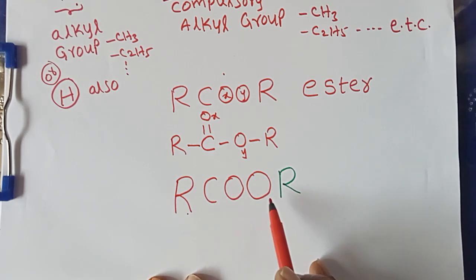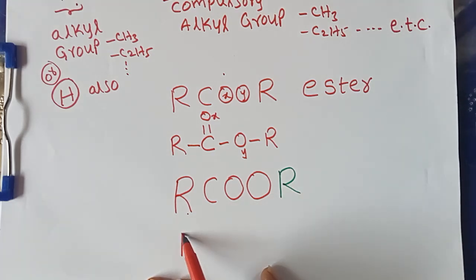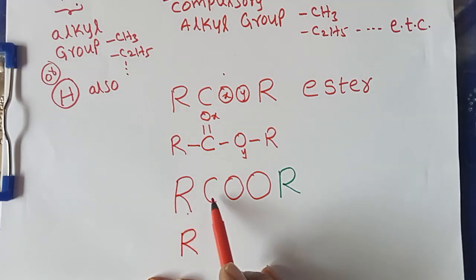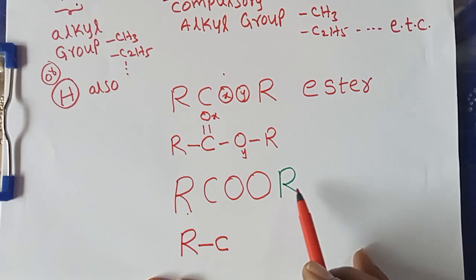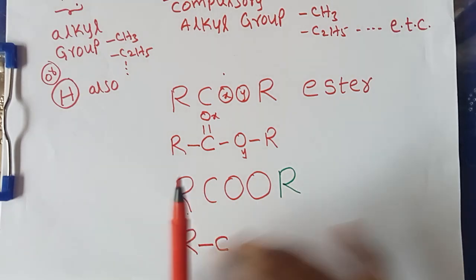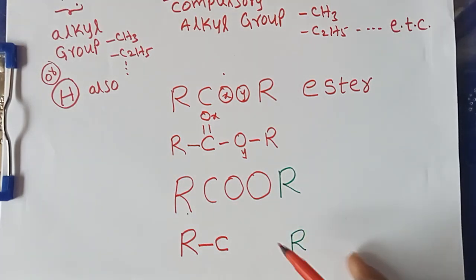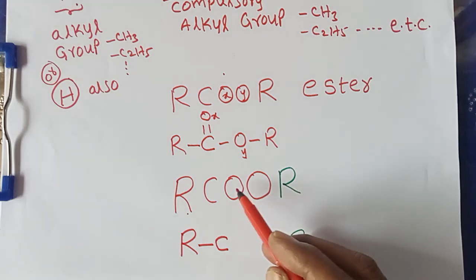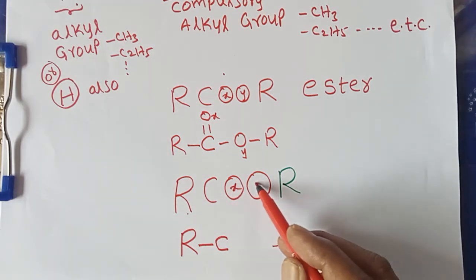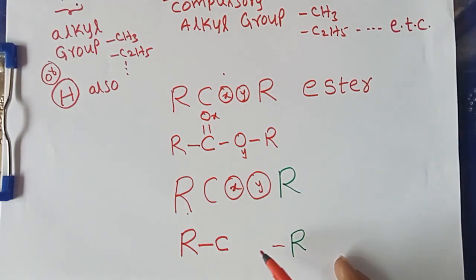So this green color oxygen connects with a single bond. That is the specialty. The red alkyl group connects to carbon, but the green alkyl connects to oxygen. This oxygen is named X, this oxygen is named Y, for explanation. So the green alkyl connects to the Y oxygen.